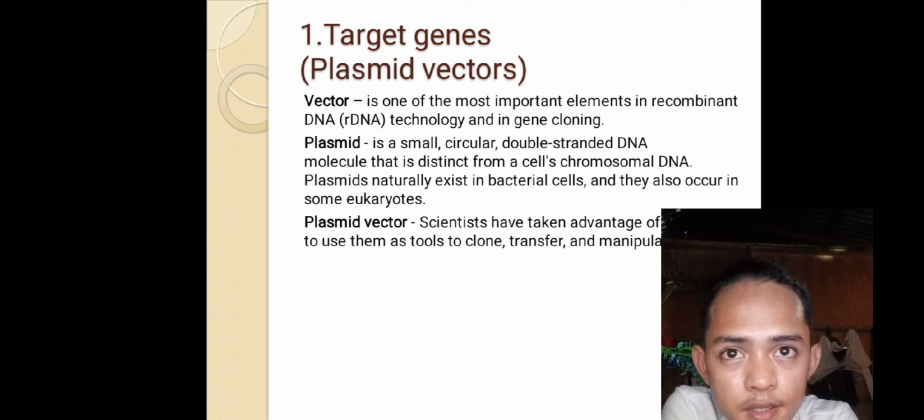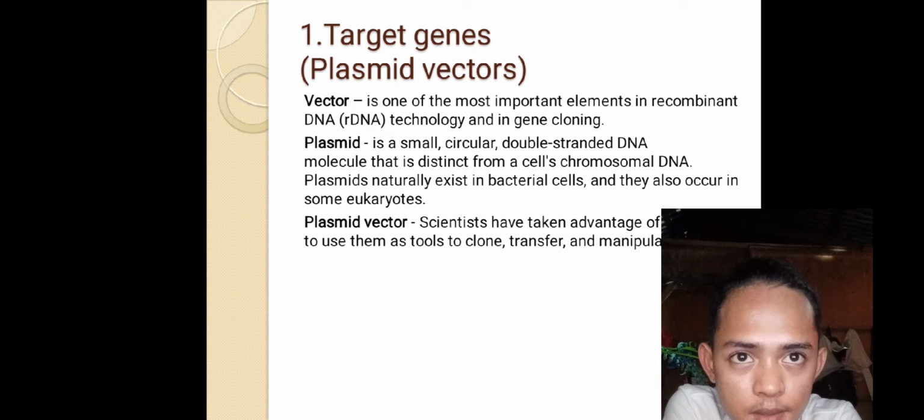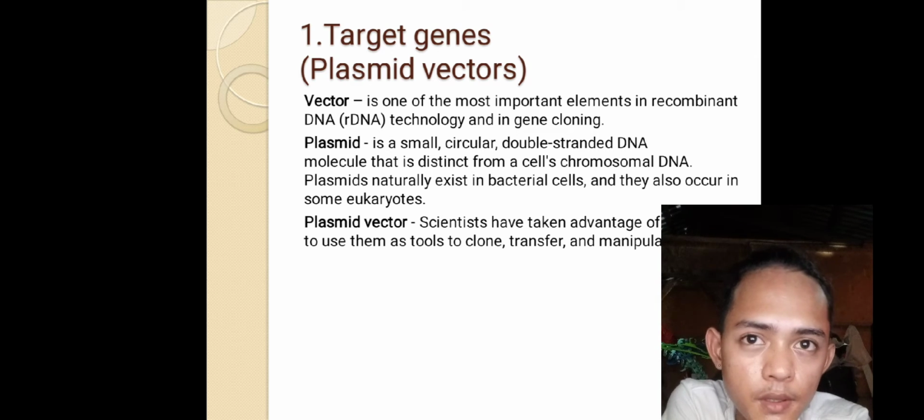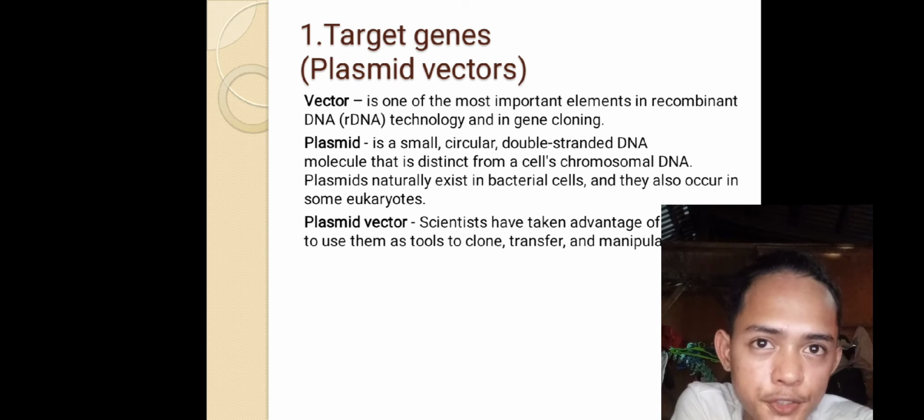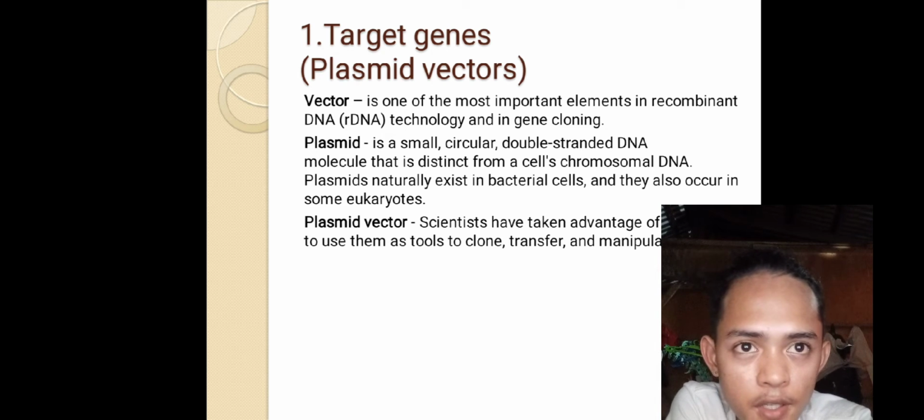Plasmids naturally exist in bacterial cells, and they also occur in some eukaryotes. Plasmids are double-stranded closed circular DNA molecules which exist in the cells as extrachromosomal units, are self-replicating, and are found in a variety of bacterial cells as accessory genetic units, advantageous to the bacterial host.